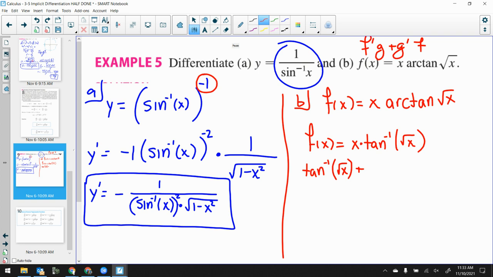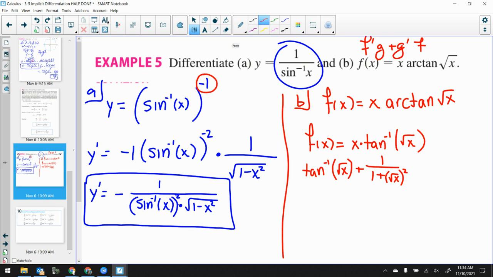Now, when I go to do the derivative of inverse tangent, it's 1 over 1 plus x squared, right? But that was if it's tangent of x. What do I have? Inverse tangent of the square root of x. Okay, so that's going to look like this. Well, what's going to happen with the square root of the x squared?